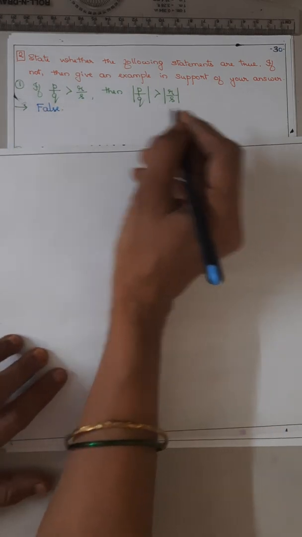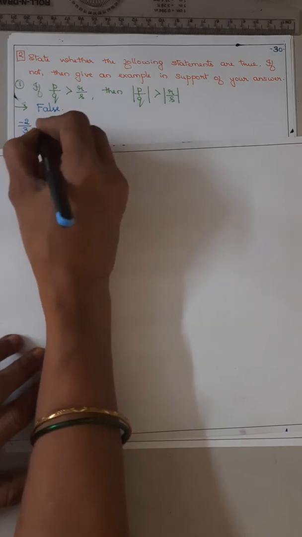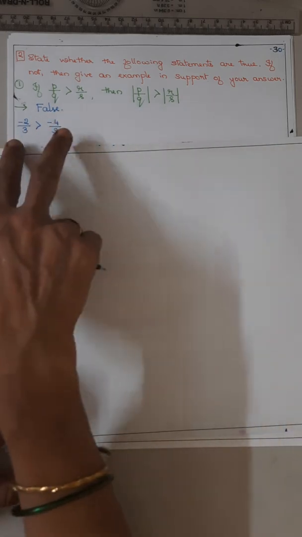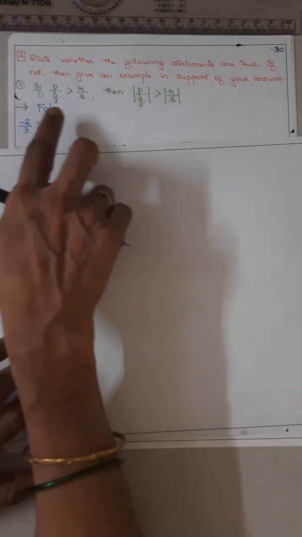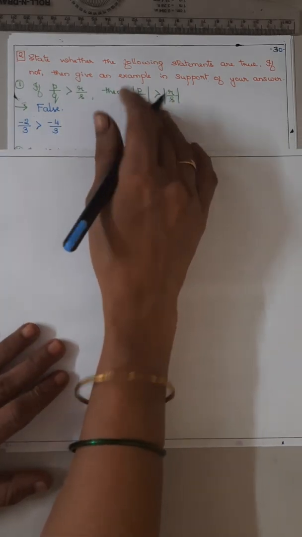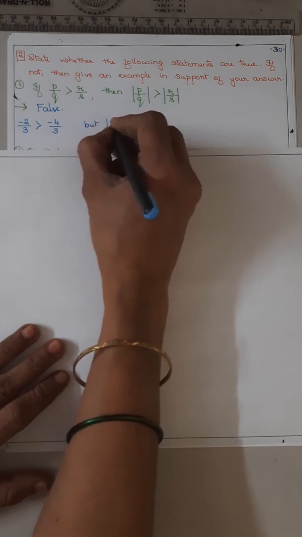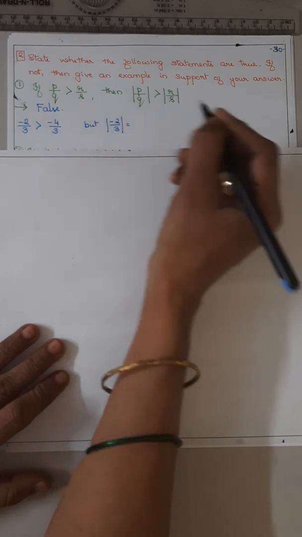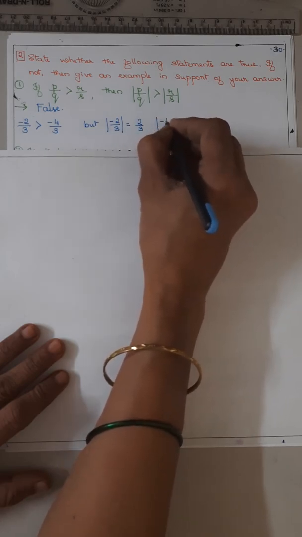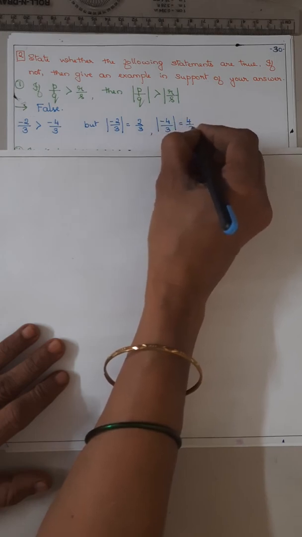Why? Minus 2 by 3 is greater than minus 4 by 3. Yes or no? Denominators are same. Minus 2 is greater than minus 4. But the absolute value of minus 2 by 3 is equal to 2 by 3, and absolute value of minus 4 by 3 is 4 by 3.